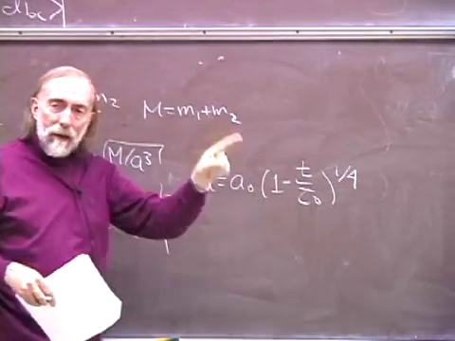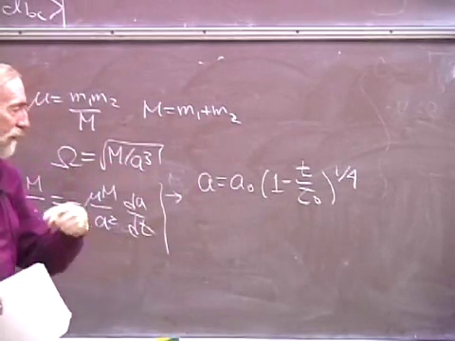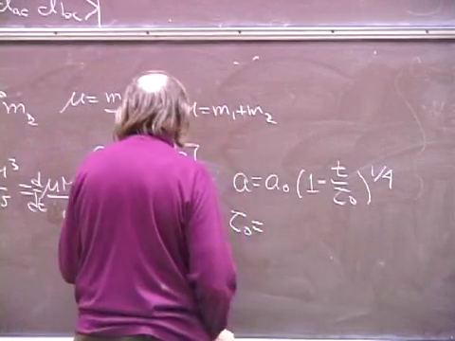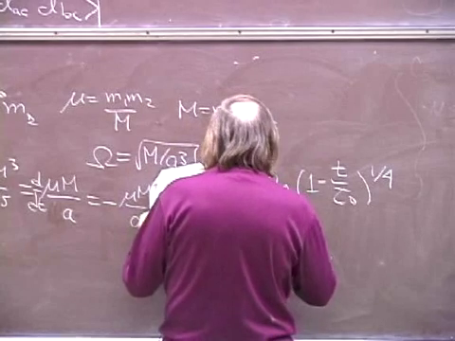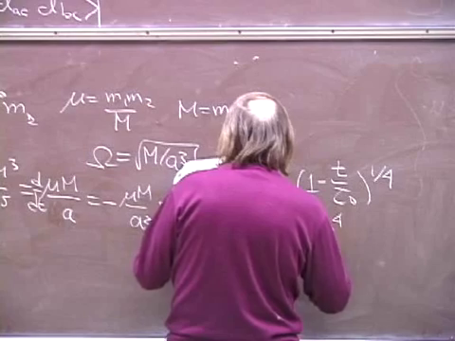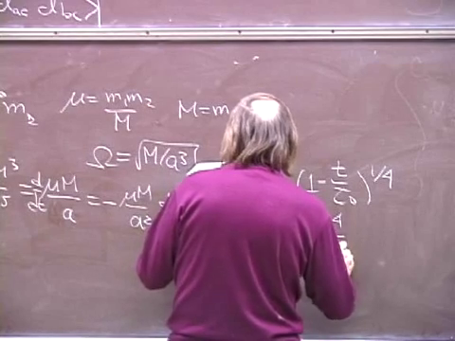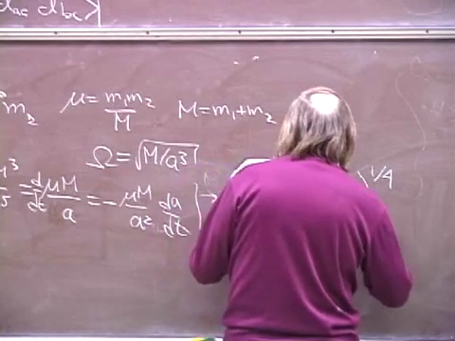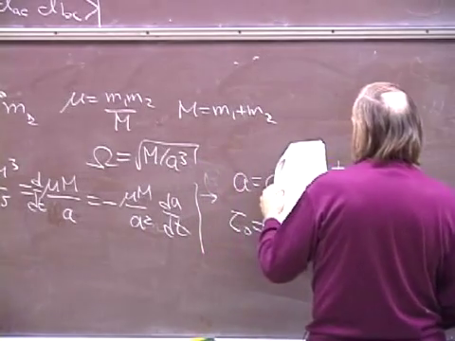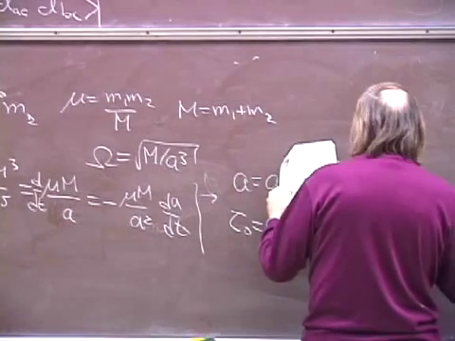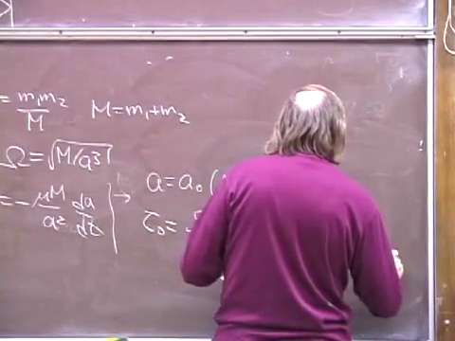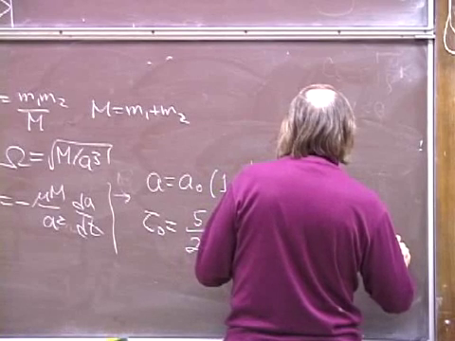So they're spiraling together to smaller and smaller radii and finally merge. And tau naught then works out to be 5 over 256 a naught to the fourth over mu m squared, or 5 over 256 m squared over mu times m omega to the 8/3.